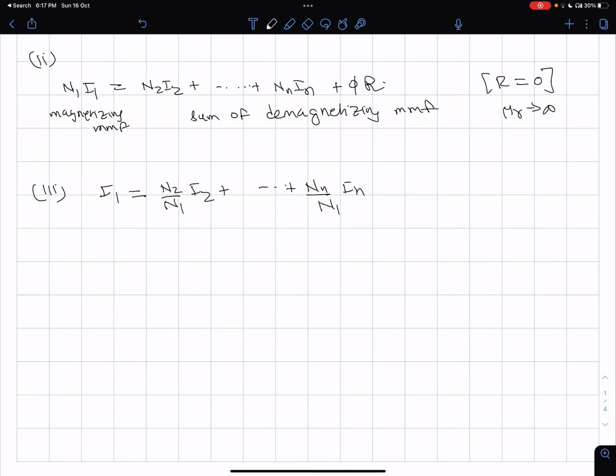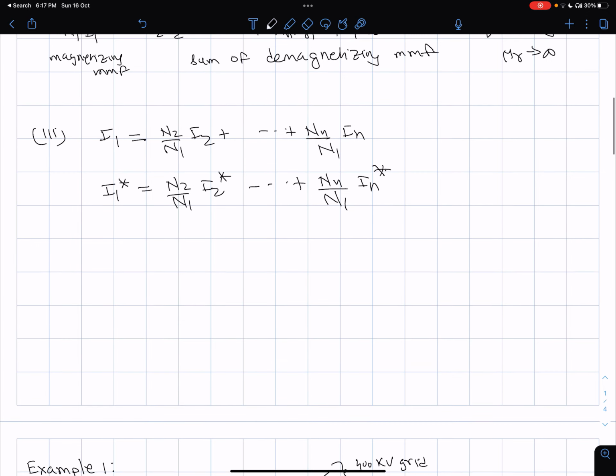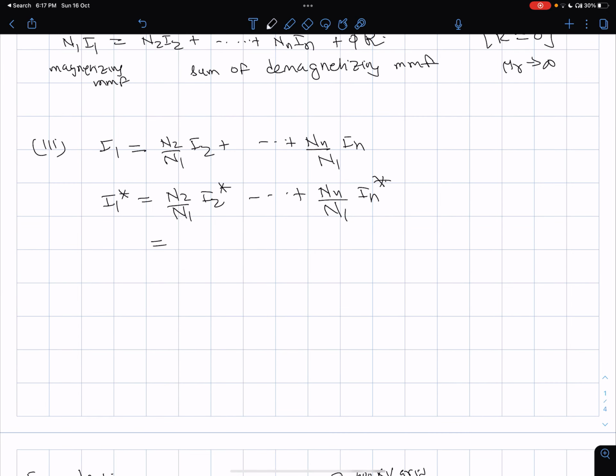But now you take the complex conjugate of this. The N2 by N1 ratio being real, there is nothing to worry about. Similarly, the Nn by N1 ratio being real, there is nothing to worry about. And so this becomes the complex conjugate. But now N2 by N1 can be written as V2 by V1 into I2 star and so on. This can be written as Vn by V1 into In star.